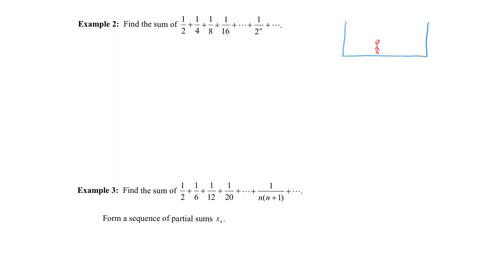Zeno would say that this person could never touch this wall, because first the person would have to go halfway to the wall, to put him here. And then you'd have to go halfway again to the wall. And then halfway again, halfway again, halfway again. And you can continue that indefinitely, an infinite number of times.